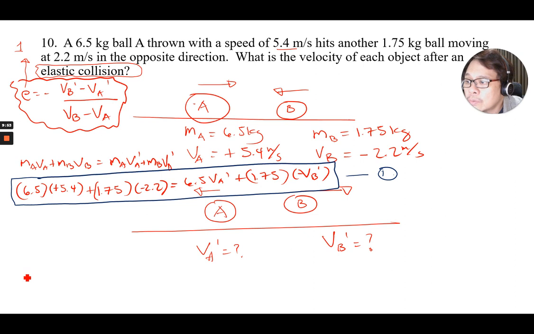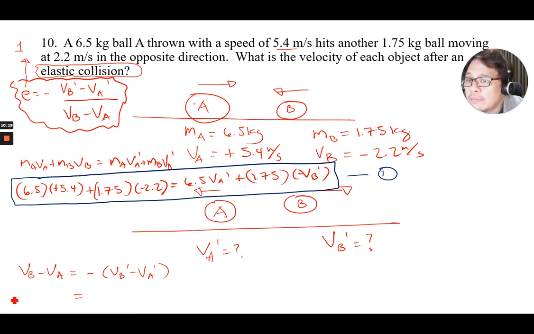If E is equal to 1, therefore the equation becomes VB minus VA is equal to negative of VB prime minus VA prime. Okay, now VB has a value of negative 2.2 and VA has a value of 5.4.